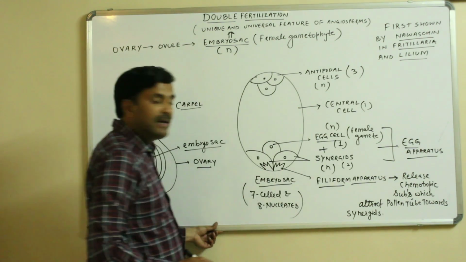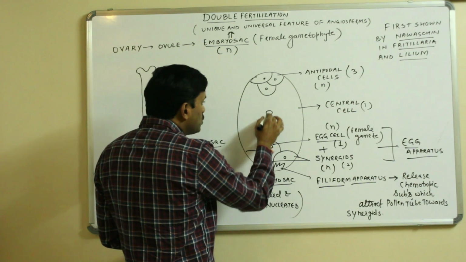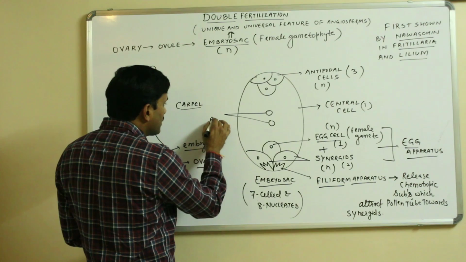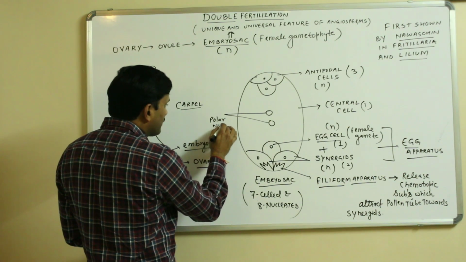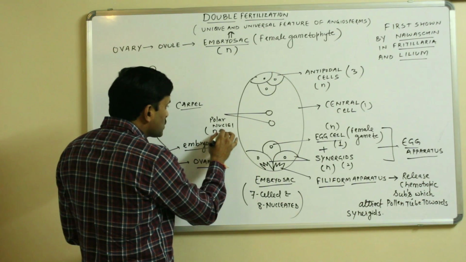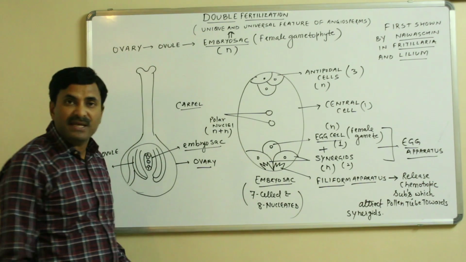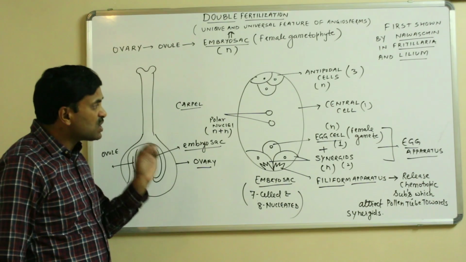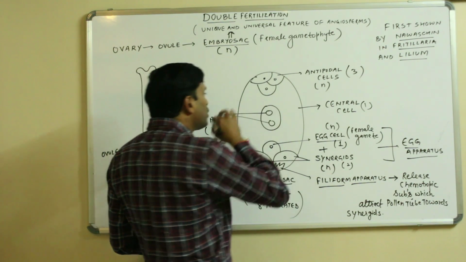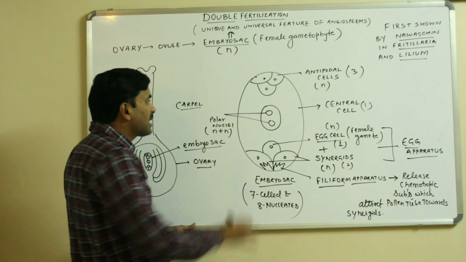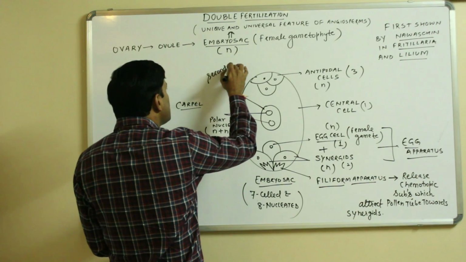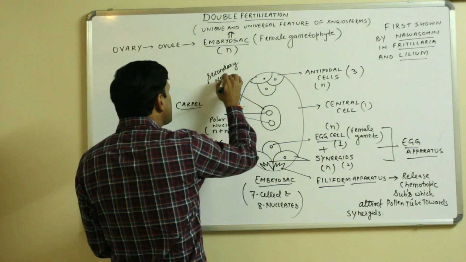At the center, 2 nuclei are present. These two nuclei are called polar nuclei. Each polar nucleus has the ploidy level of n, so there are two polar nuclei, n plus n. But just before fertilization, these polar nuclei combine together and form a secondary nucleus.